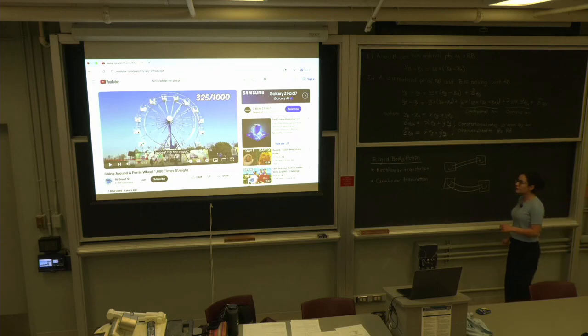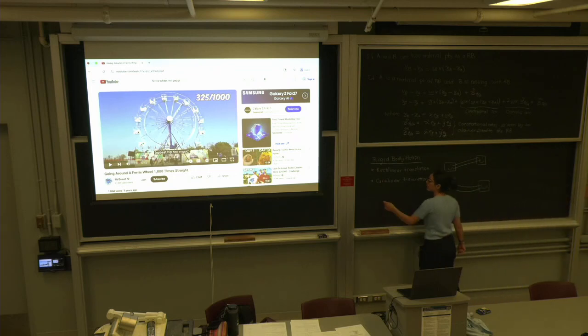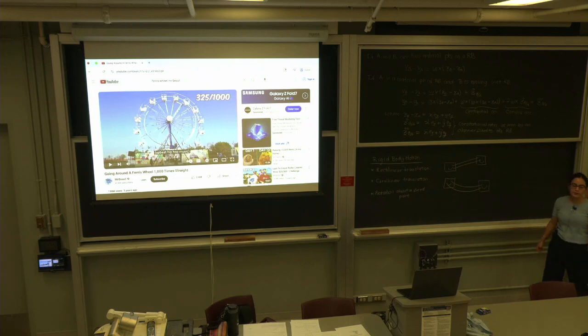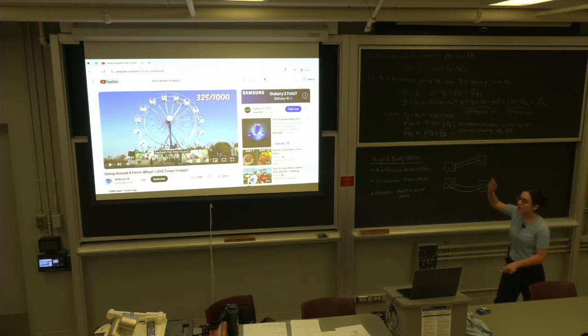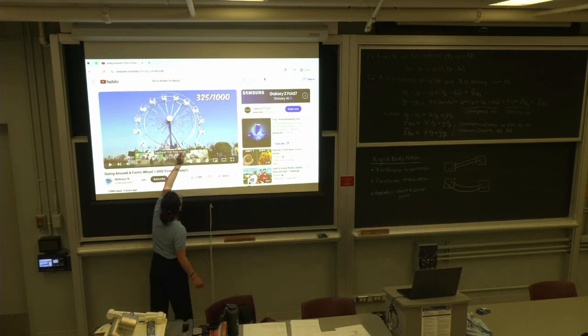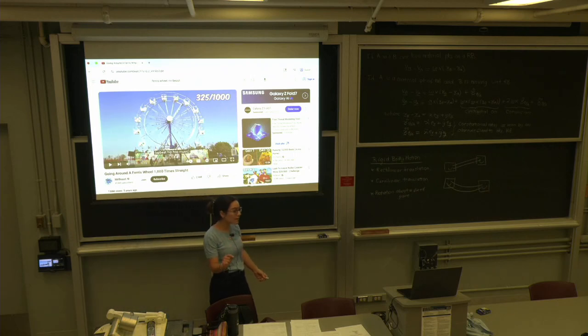Another type of rigid body motion is rotation about a fixed point. Like the Ferris wheel itself, it's rotating about this center point. So that's a fixed point rotation, meaning that there's a point on the rigid body that has zero velocity.